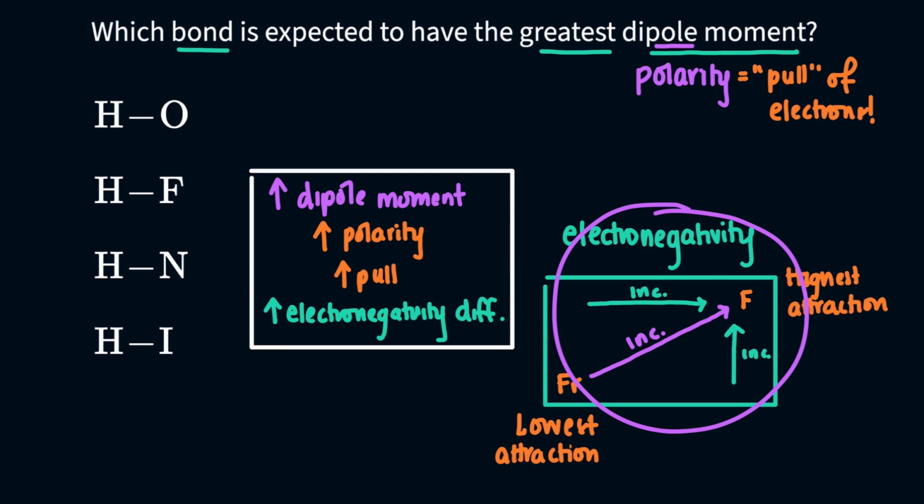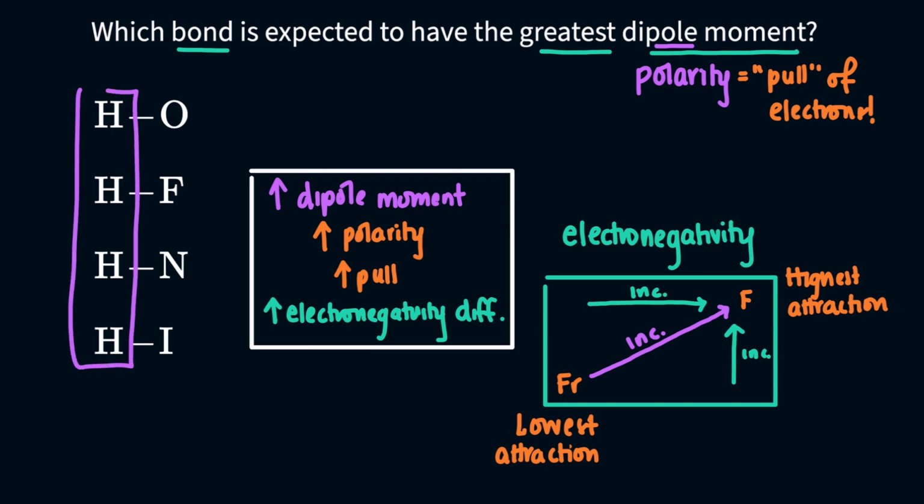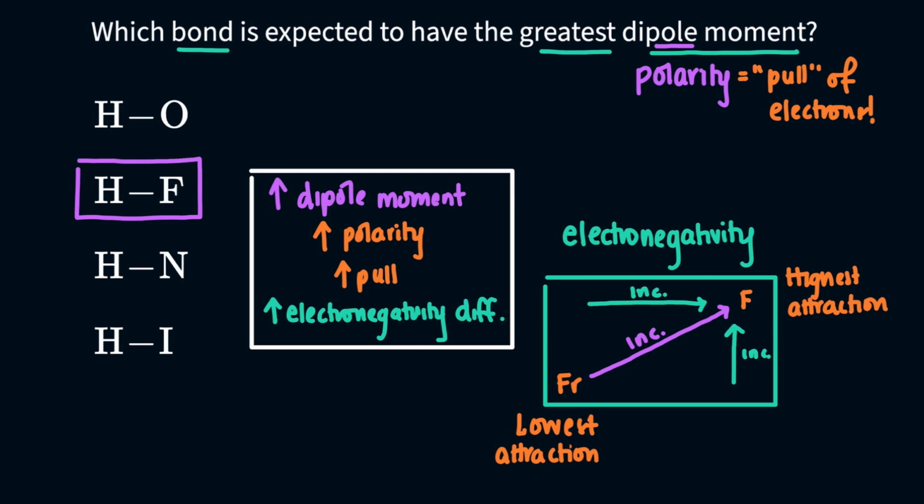On our electronegativity, the highest attraction element is fluorine. You can't get any higher than that. And fluorine is here. Once you see fluorine, and all these are the same, you can't beat a fluorine. This has to be the highest electronegative difference, the greatest dipole moment, because fluorine is the highest electronegative element. So right off the bat, we know that this would be the answer.